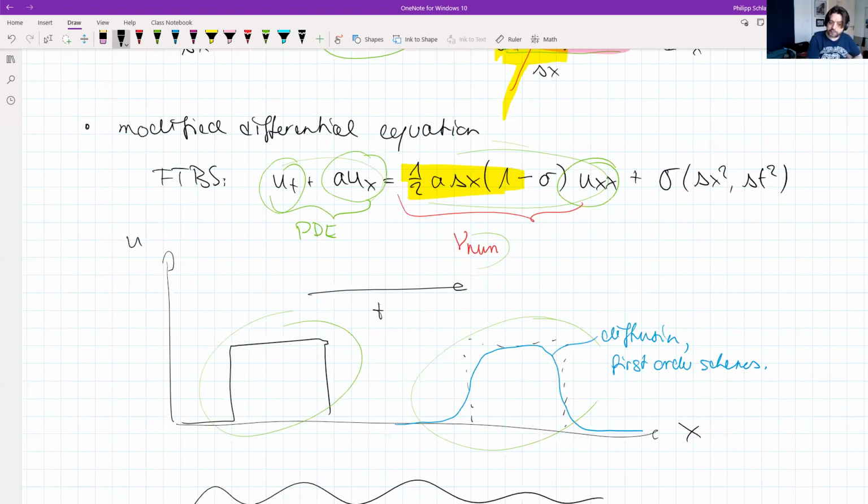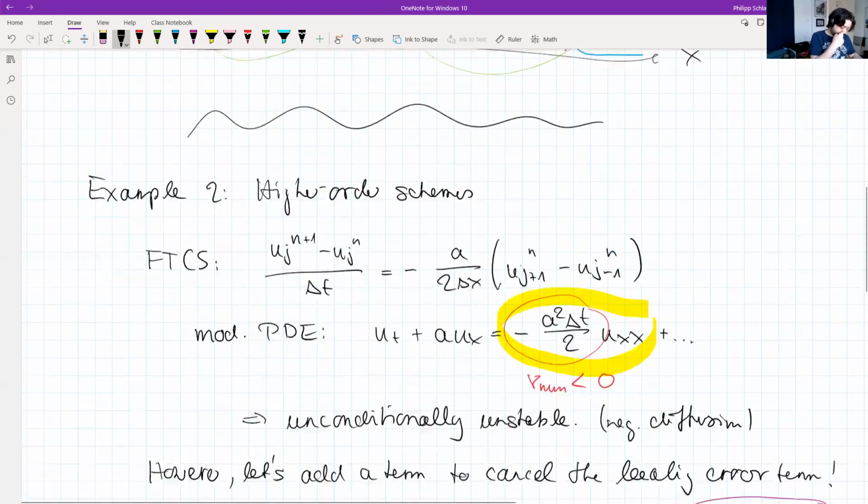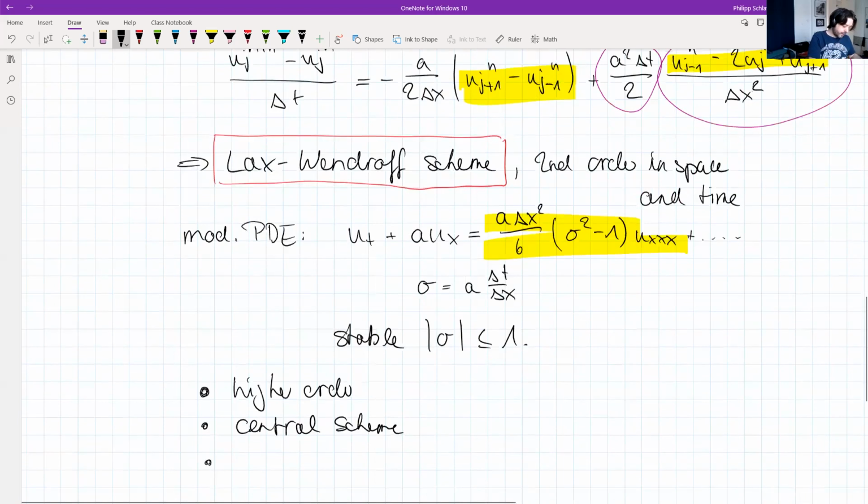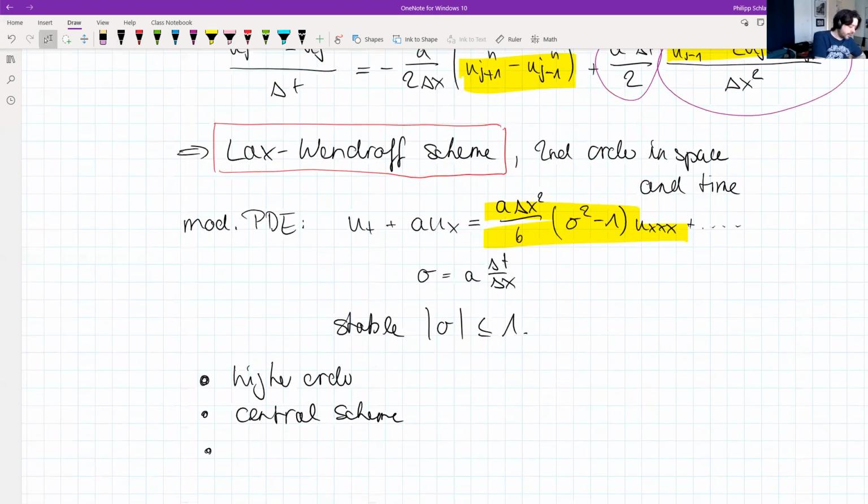And that is a diffusive term. Now the leading error term is a term that is multiplying a third derivative.